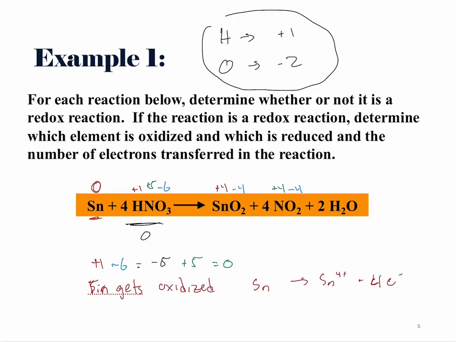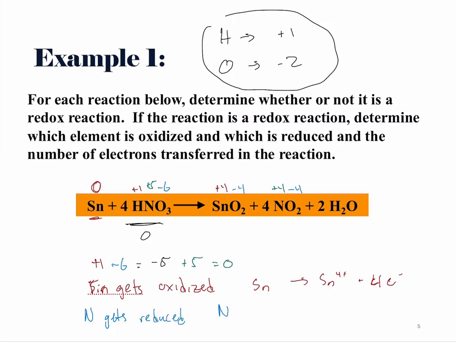And what about nitrogen? What happened to nitrogen? Right, nitrogen went from what charge to what charge? Went from 5 to 4, so that means it got reduced. It gained 1 electron, right? It went from a large positive charge to a slightly less positive charge. So nitrogen gets reduced.